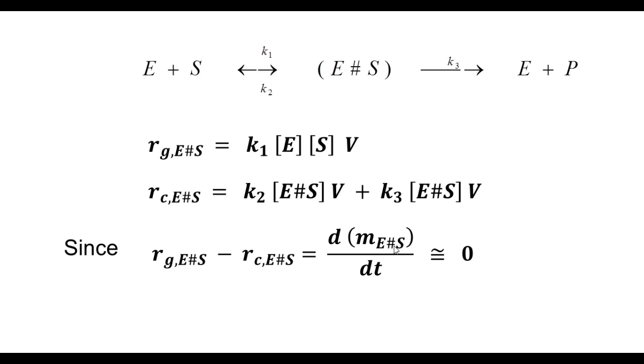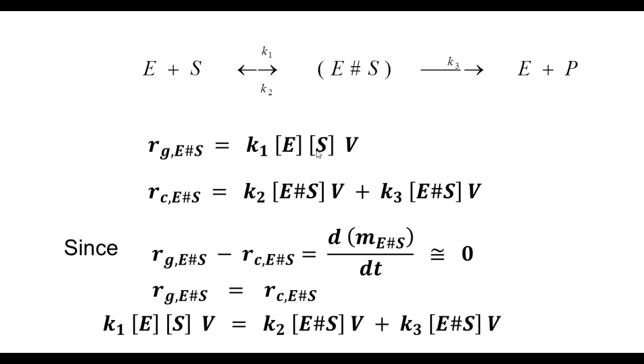This is what we have already seen as the pseudo steady state assumption, and therefore the rate of generation of the enzyme substrate complex equals the rate of consumption of the enzyme substrate complex, because this is equal to 0 in the previous step.